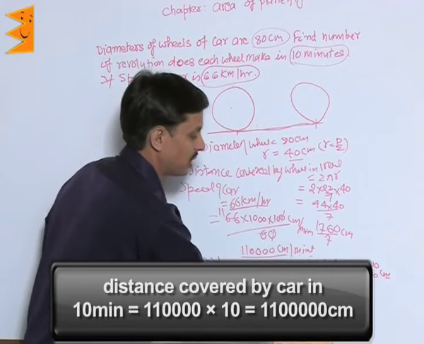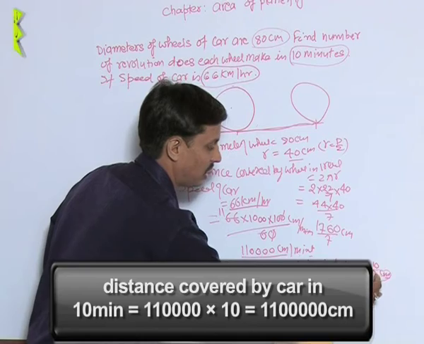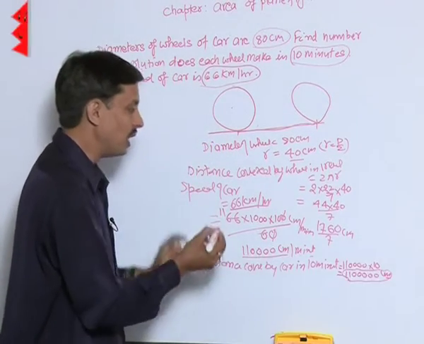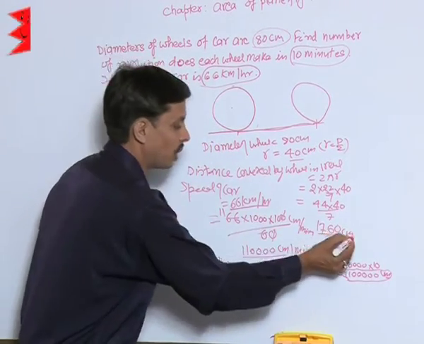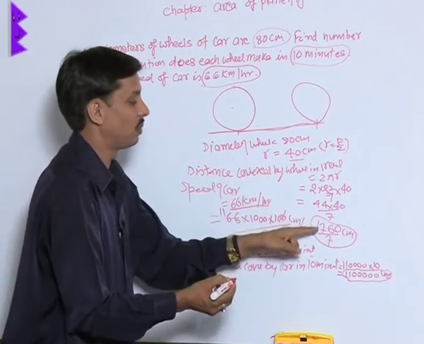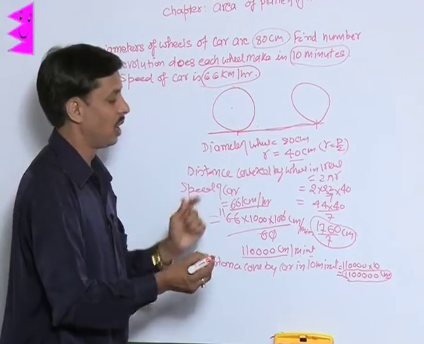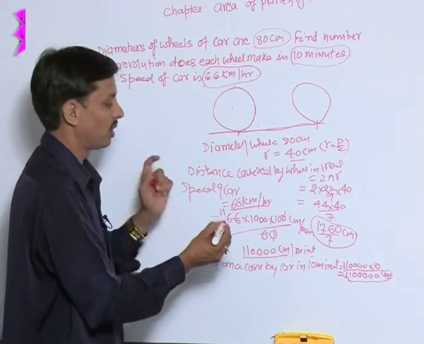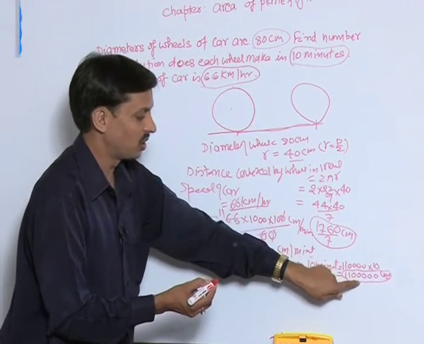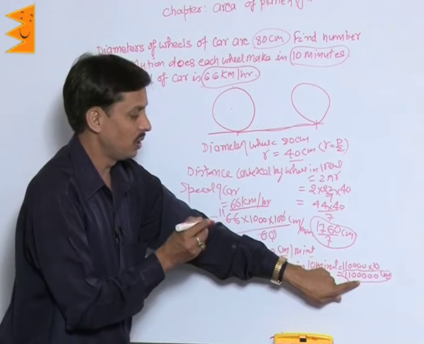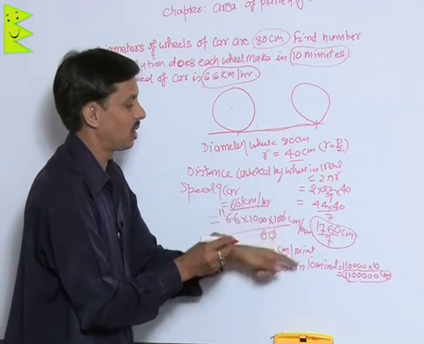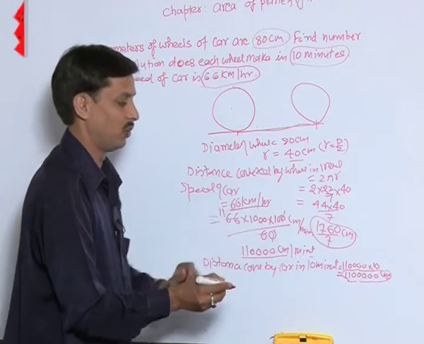This is the distance covered by the car in 10 minutes. But the wheel covers 1760 upon 7 centimeter of distance in one revolution. To calculate the total number of revolutions, I will divide the total distance covered by the car in 10 minutes by the distance traveled by the wheel in one revolution.